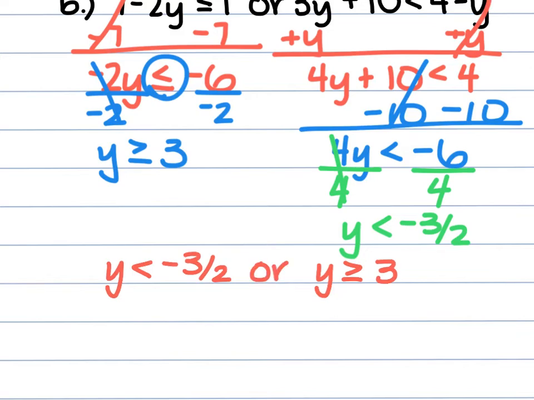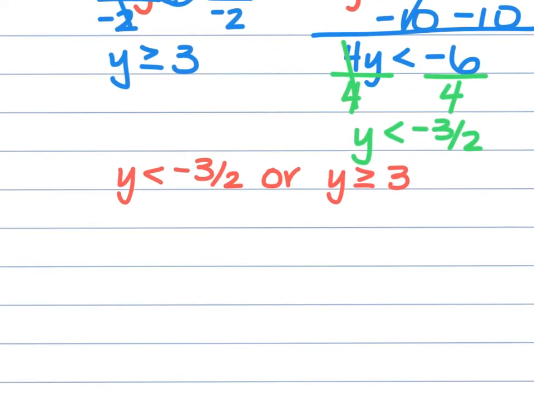If they both pointed the same way, you'd have to look at which inequality gives you the greater solutions. So if this was, let's say, y is less than negative 3 over 2, or y is less than or equal to 3, you would just give me that y is less than or equal to 3, because it includes the other inequality when it's drawn on that number line.